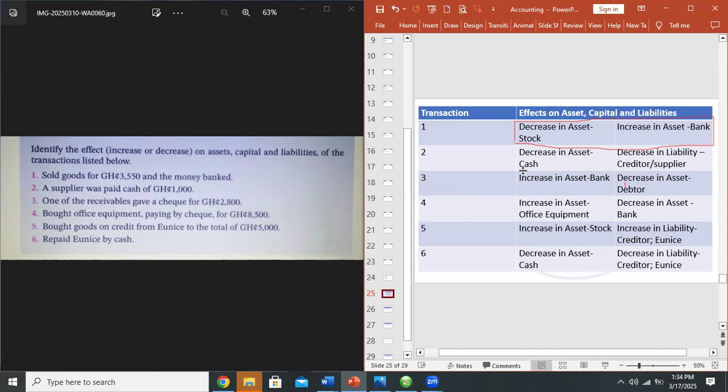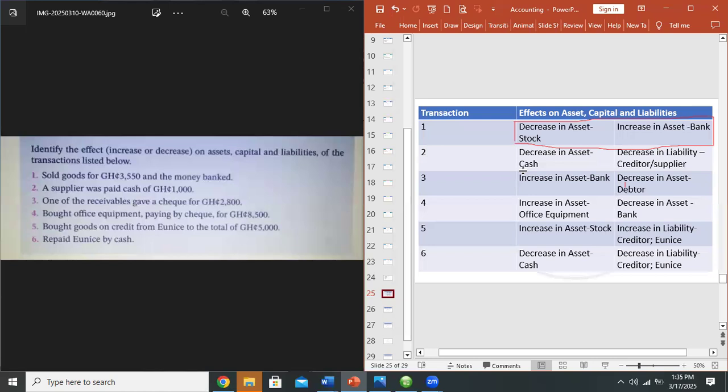So if somebody asks you that in accounting, when assets increase, what entry do you make? Do you make a debit or credit? What would be your answer? Okay, also go ahead.